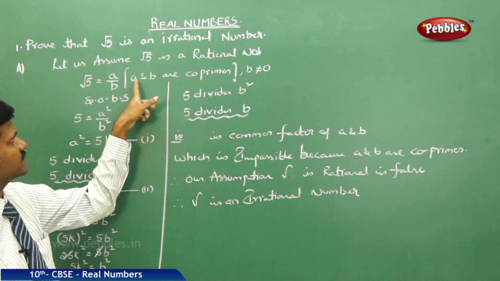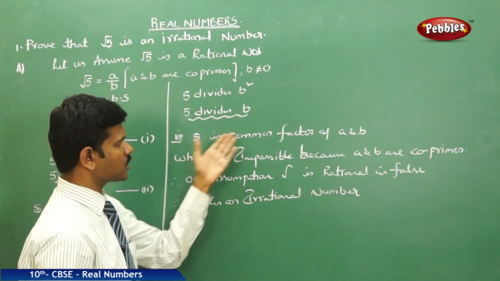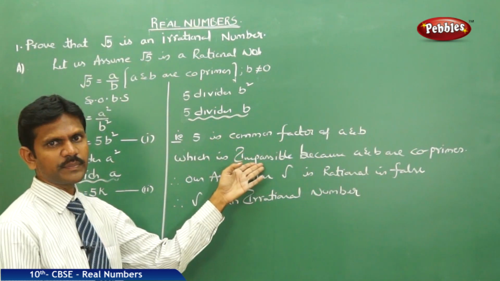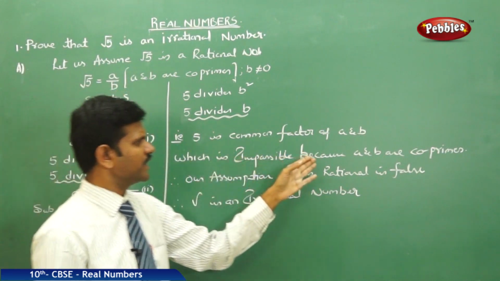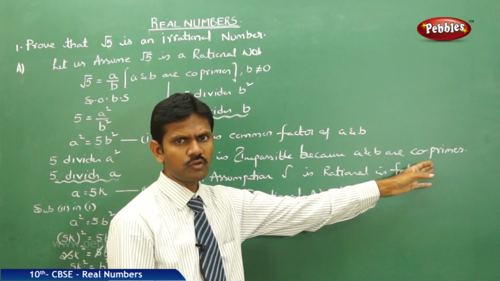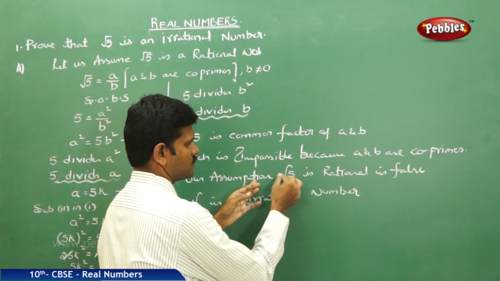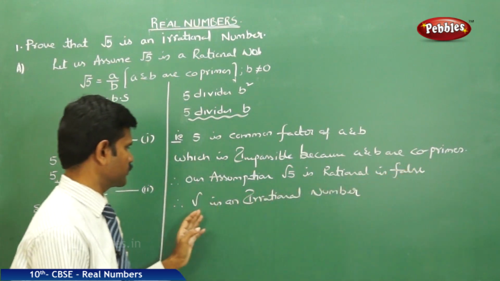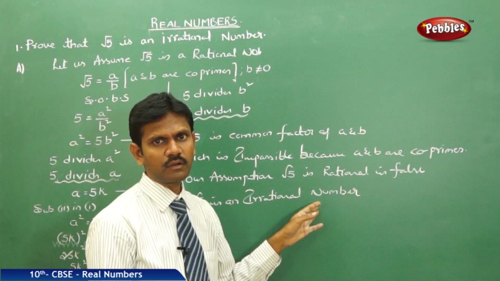But we said that a and b are co-primes. That means 5 is a common factor of a and b, which is impossible, because a and b do not have a common factor except 1. Why did this happen? Because a and b are co-primes. Our assumption that root 5 is rational is a false statement. Therefore root 5 is an irrational number.